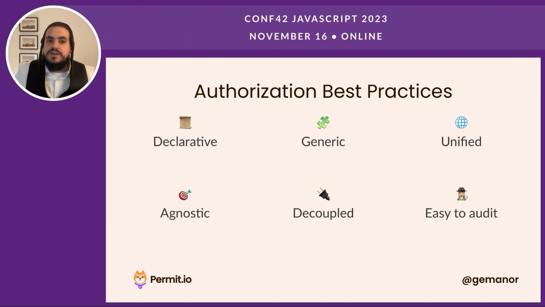So every time a PM comes and wants us to change an authorization decision, we don't want to change the application code. We want to decouple it. And we also want it to be easy to audit, because access control can create very high level security vulnerabilities. So we really want it to be easy to audit when we are getting maybe a wrong decision.